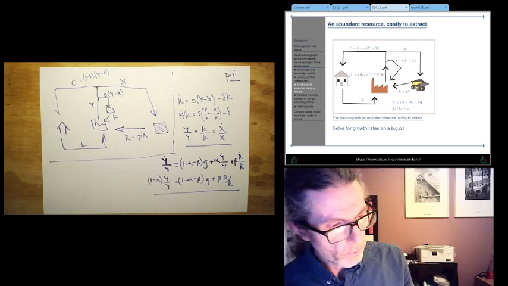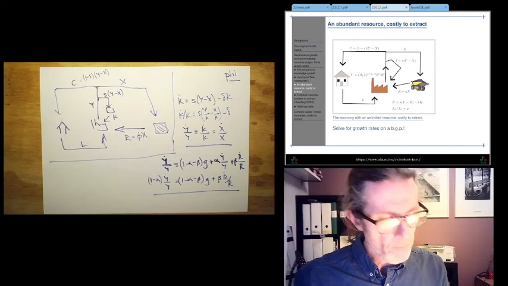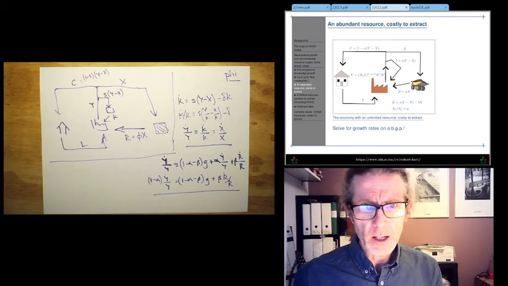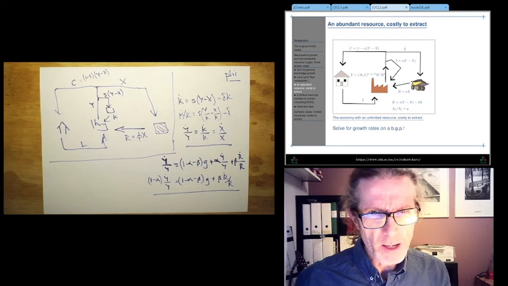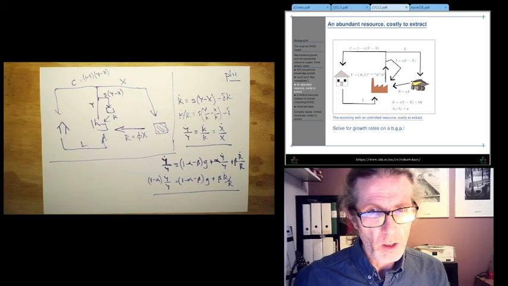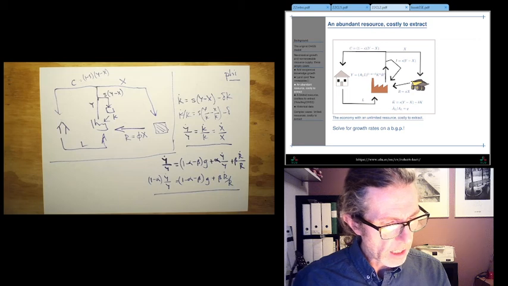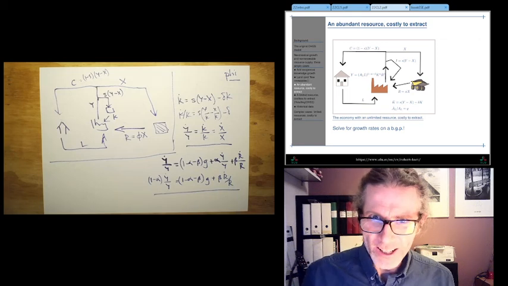Okay, so far so good. But what are we going to do about R dot over R? What are we going to do about R dot over R?